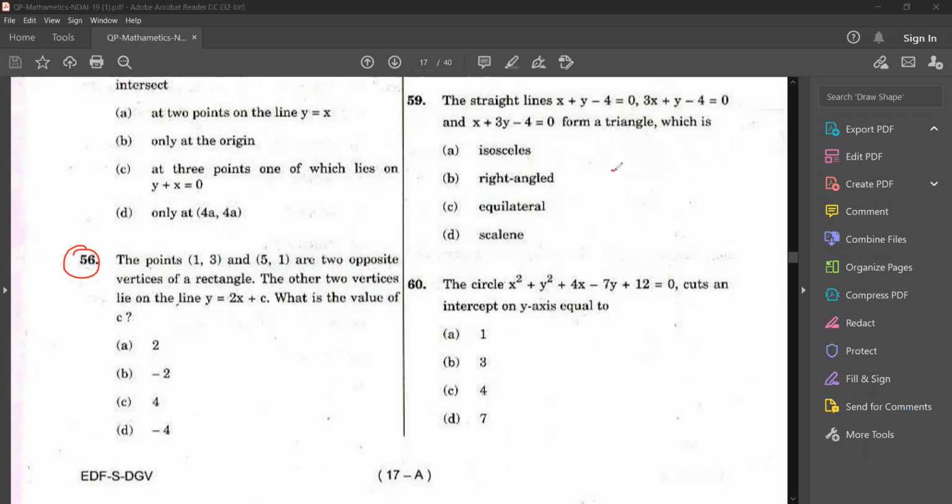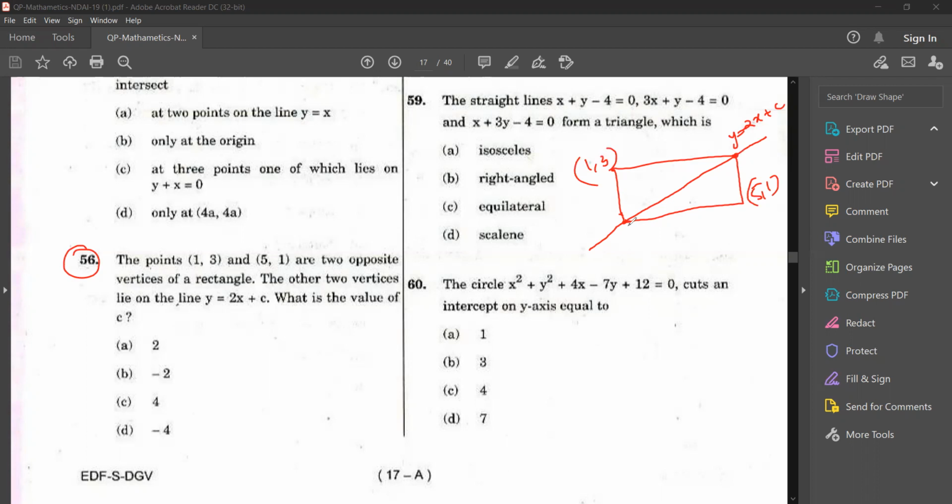So we have a rectangle, I'm just drawing the figure roughly. You have to draw the question yourself. You have to find out the value of c.